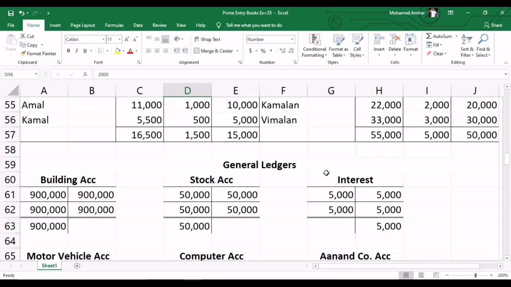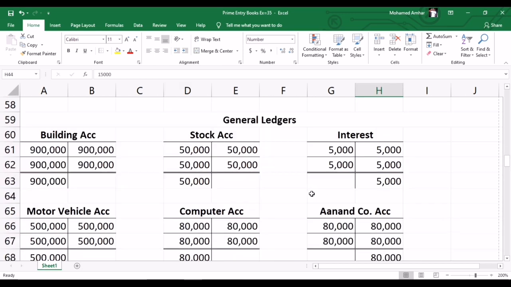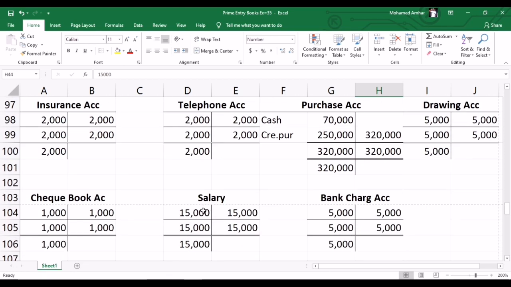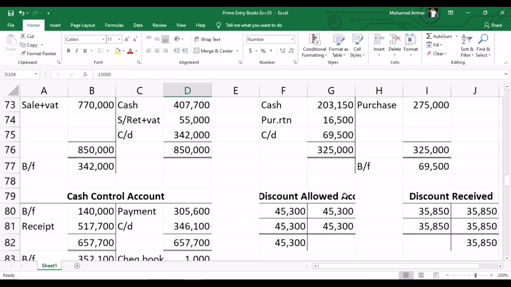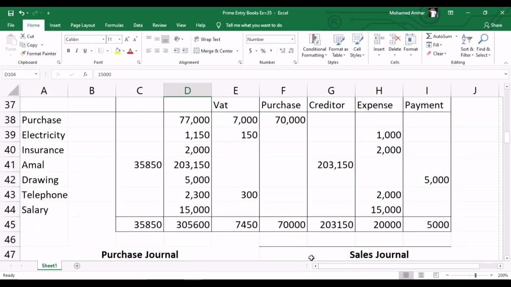And then 15,000 salary, you debit this 15,000 to the salary account. So don't debit the whole 20,000 as expense. You have to debit 1,000, 2,000, 2,000 and 15,000 separately in the particular expense accounts.